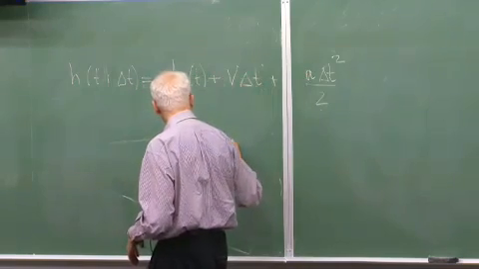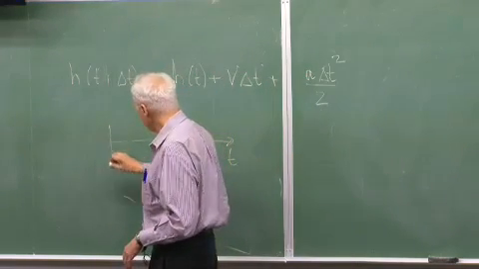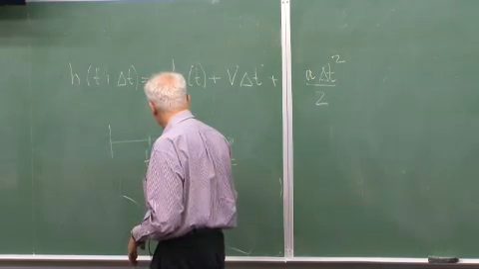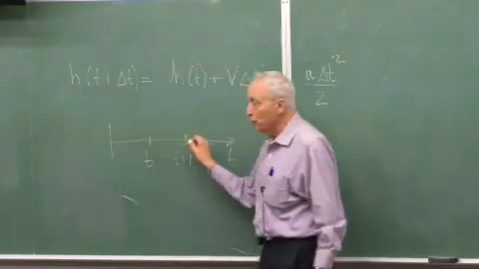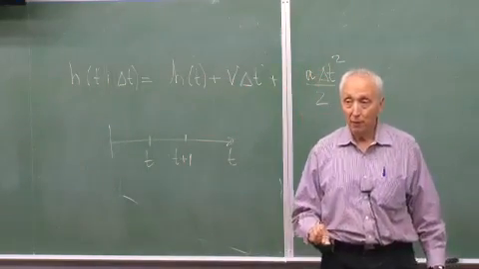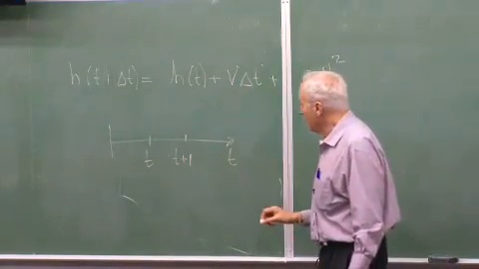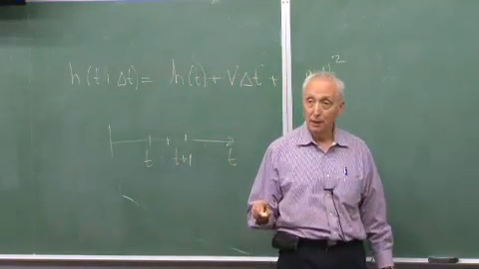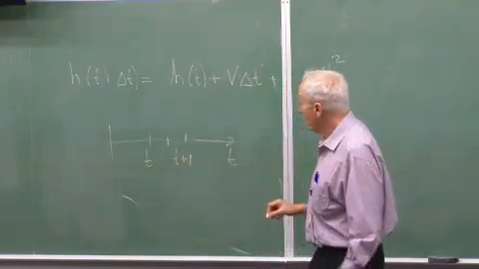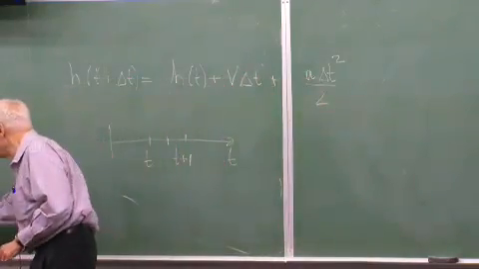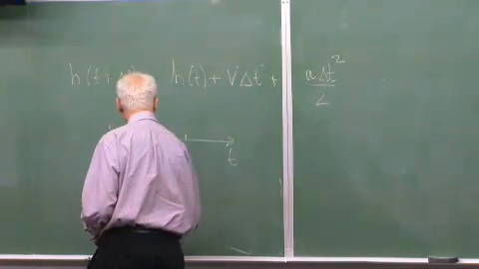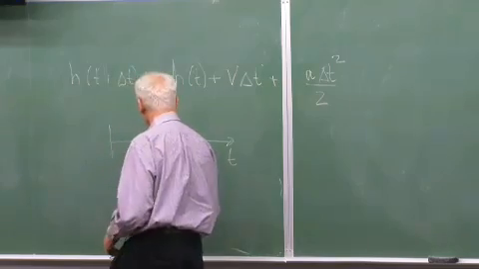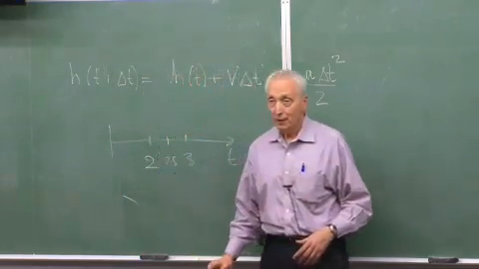So if this is t, let's say that we need to go from t to t plus 1. Before, we went directly from t to t plus 1, or actually let's make it even more concrete: from 2 seconds to 3, and now we are going to take an intermediate result at 2.5.